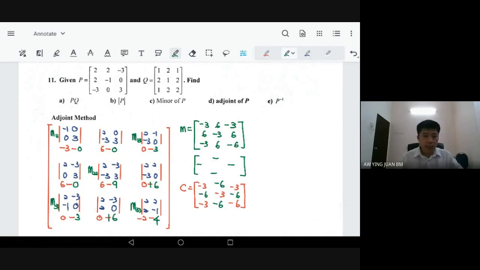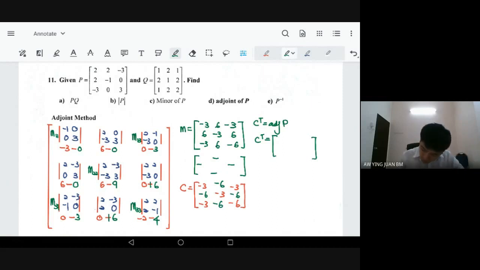Next is to find the C transpose or the adjoint. C transpose is equal to the adjoint of the P. So C transpose or the adjoint would be, remember, transpose. The rows of the cofactor become columns.